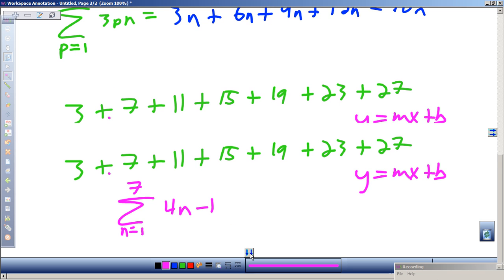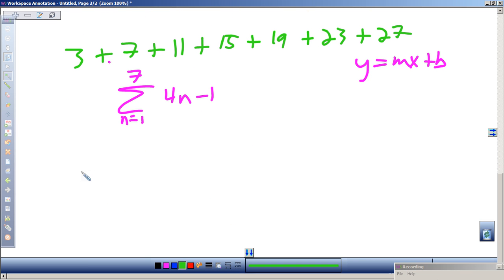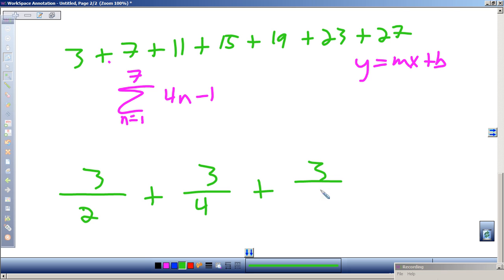How about one a bit more complicated? 3 over, let's say, 2 plus 3 over 4 plus 3 over 6 plus 3 over 8.